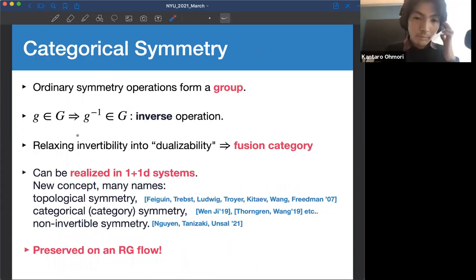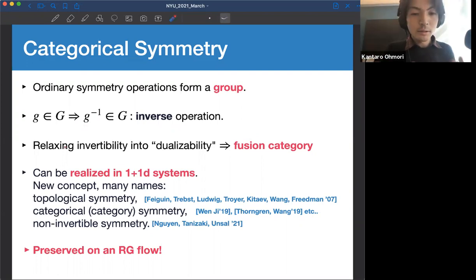Okay, so let me briefly introduce what the categorical symmetry is. I'm going to talk about the details later in the talk. So the ordinary symmetry operations form a group, and in particular for a given symmetry operation g, there is an inverse operation. This means that g times g inverse equals 1, where 1 is the trivial operation.